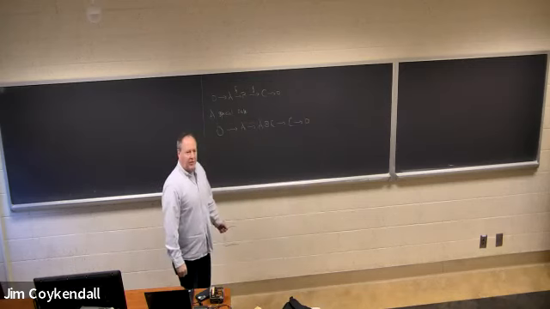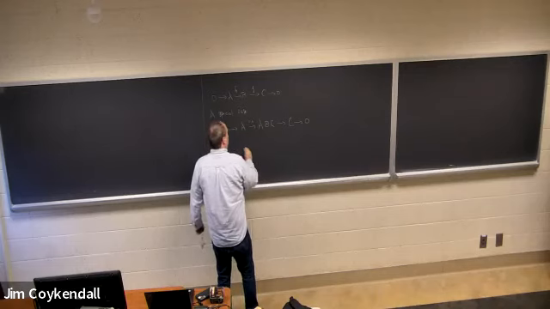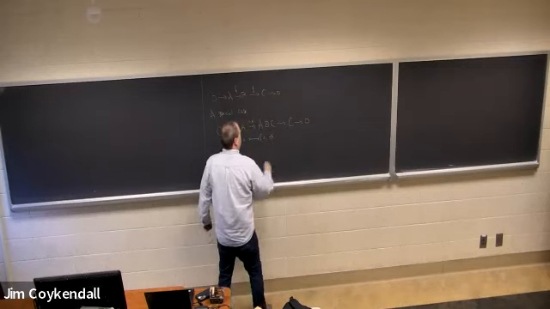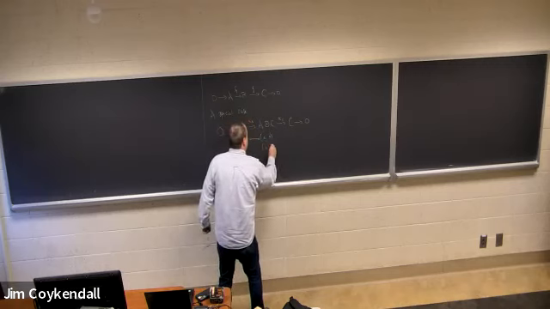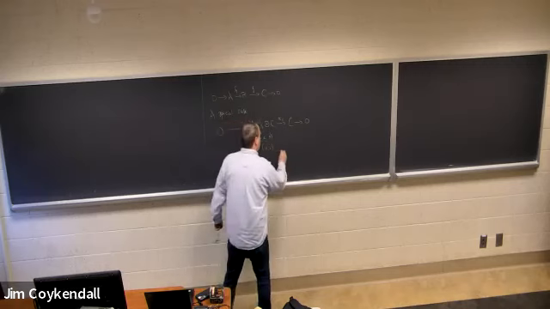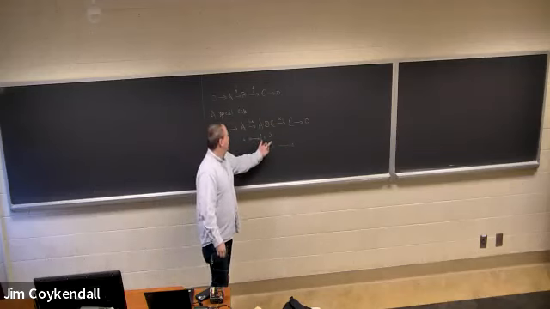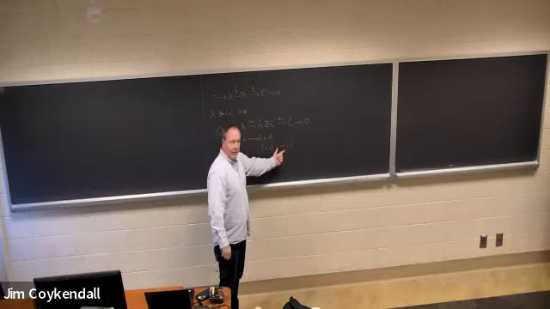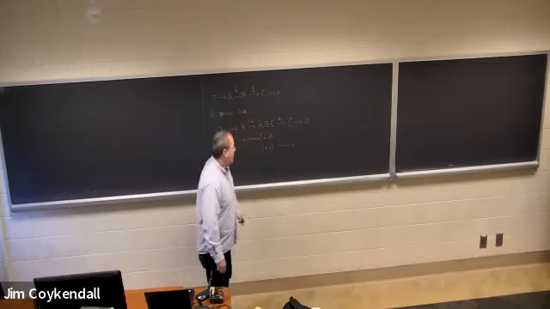You can always make a short exact sequence this way, where this is inclusion on the A. In other words, A goes to (A, 0), and we'll call this projection on C, where this takes the input (A, C) and just reads the C coordinate. Notice that the image of this map is everything in the form (A, 0), which is precisely the kernel of the next map, because to be in the kernel of this map you have to have 0 in the second coordinate.